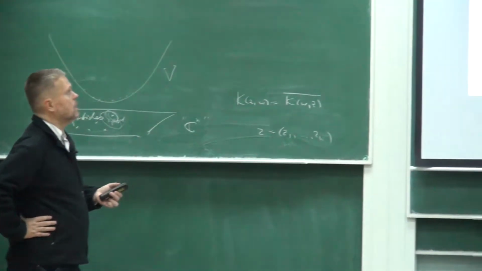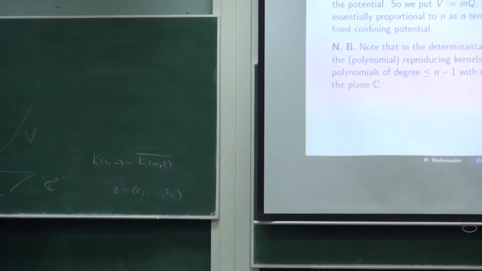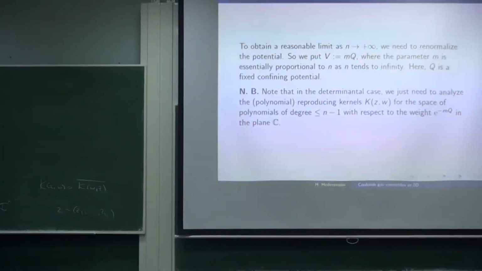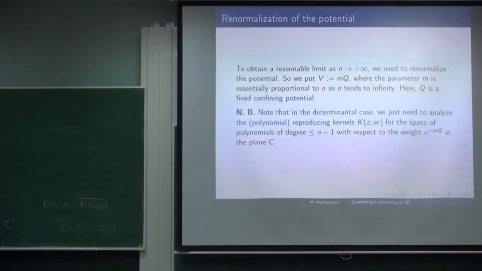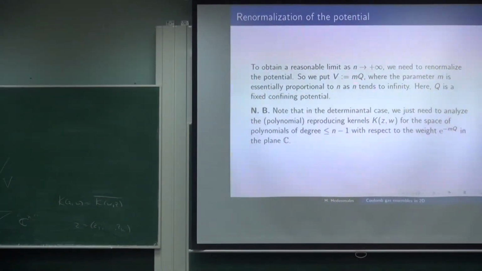And somehow the correct scaling here is to let the potential V equal a fixed potential Q times a scaling parameter called m. And m here should be thought of as a number which is essentially proportional to n as n tends to infinity.